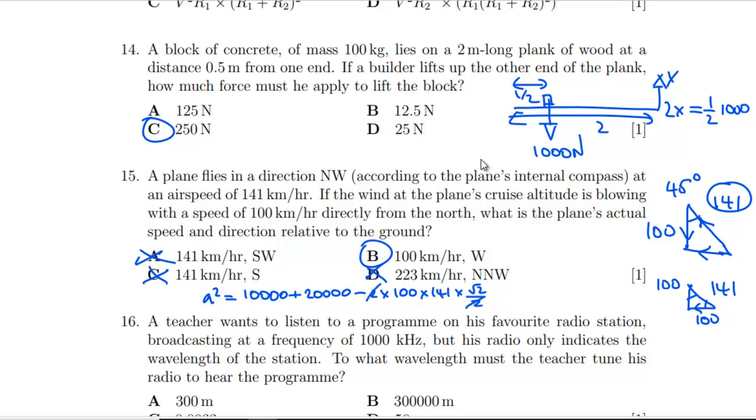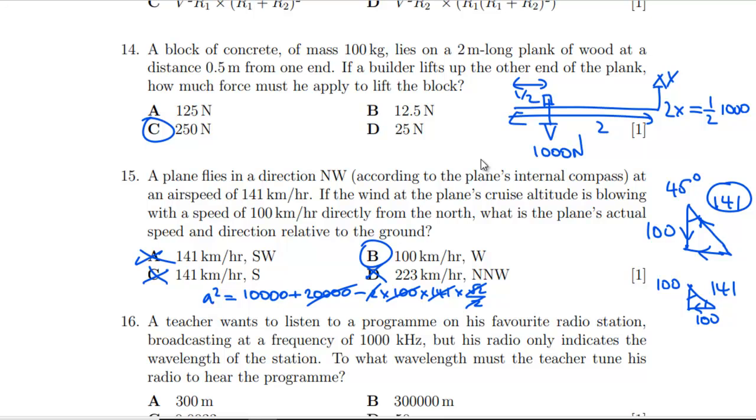So that cancels with that. That will give us 200, so that would then cancel with that. And you end up getting A squared is 10,000, so A is 100.